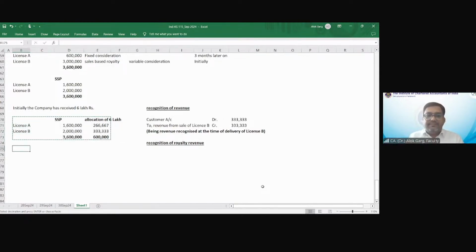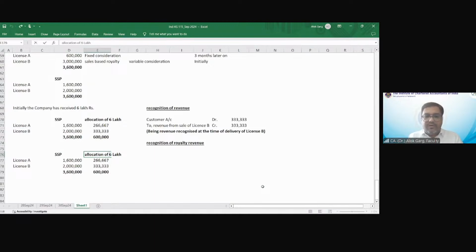Allocation of 4 lakh rupees. Allocation of 4 lakh. And how to do this? 4 lakh multiplied by 16 lakh divided by 36 lakh.